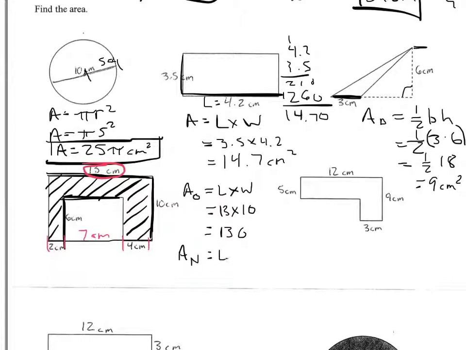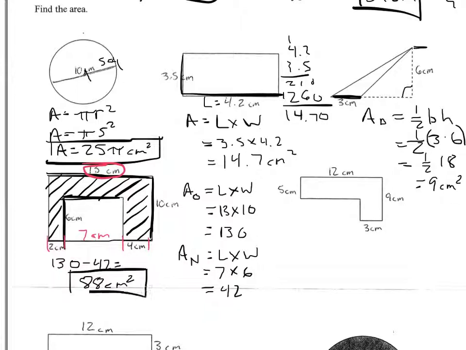Length times width of our negative space is 7 times 6, which is 42. So our actual area is 130 minus 42, which gives us our final answer of 88 centimeters squared.